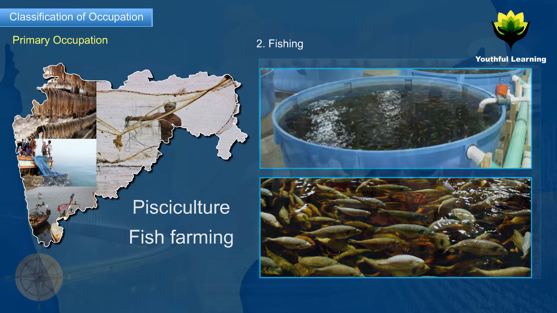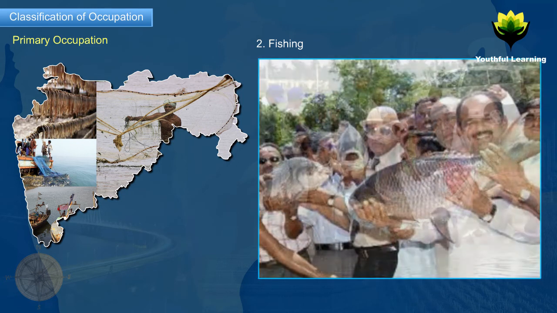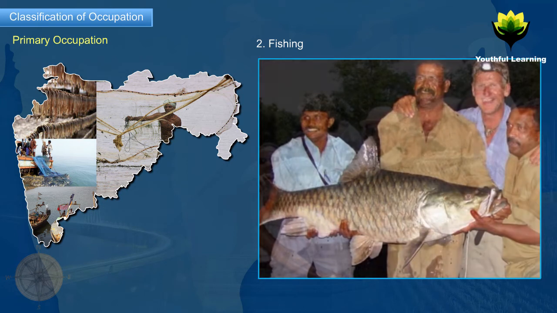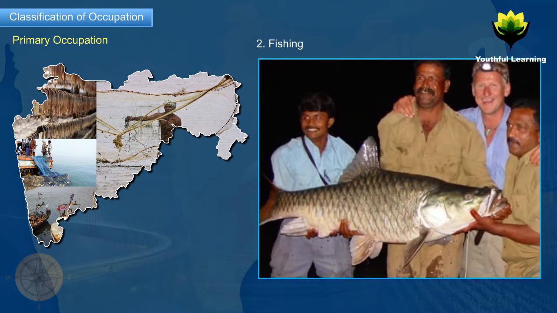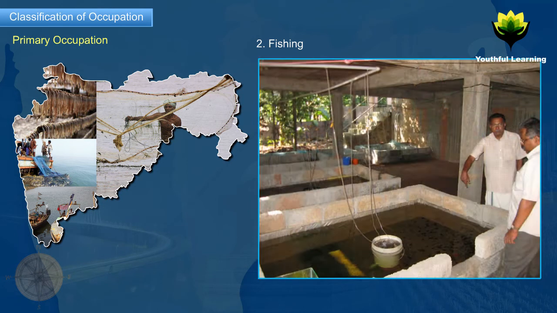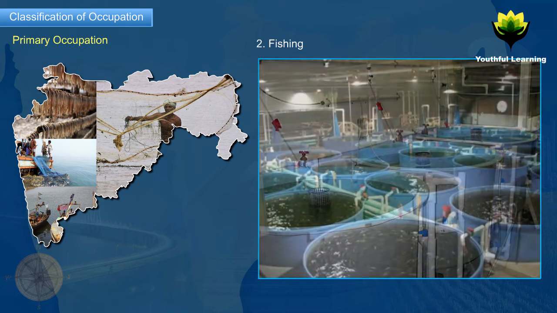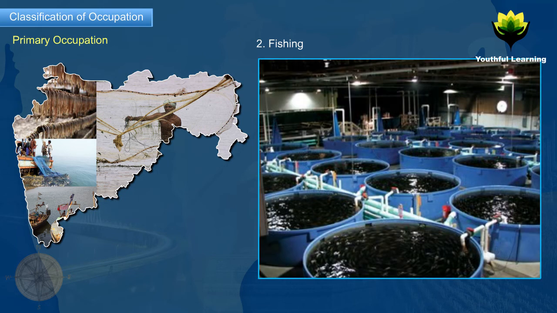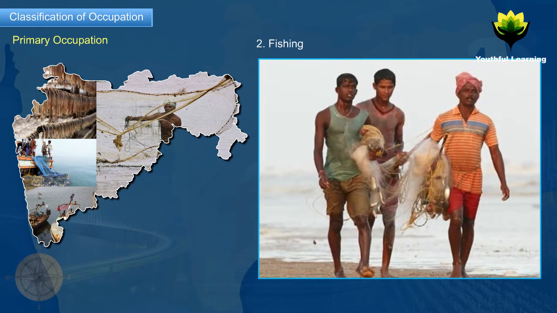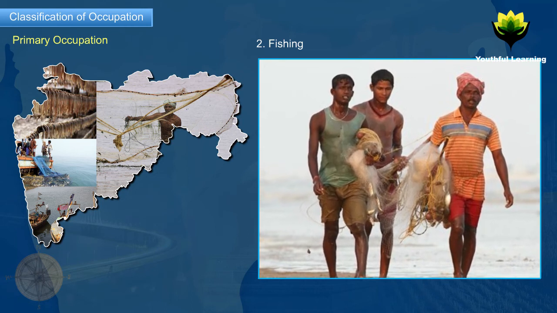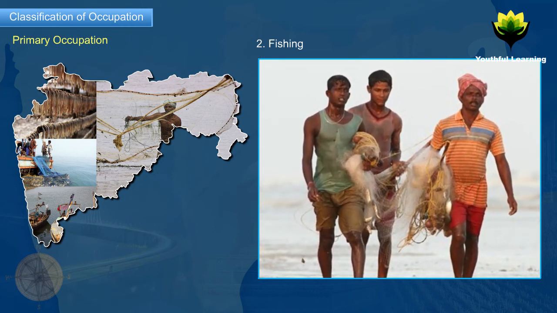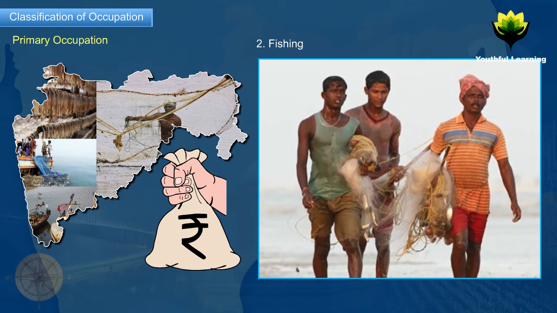The state encourages pisciculture under the Tribal Development Scheme. The state government provides short-term training in technology for freshwater fish farming. Further, fishermen from tribal areas are imparted training with the help of financial aid from the central government.